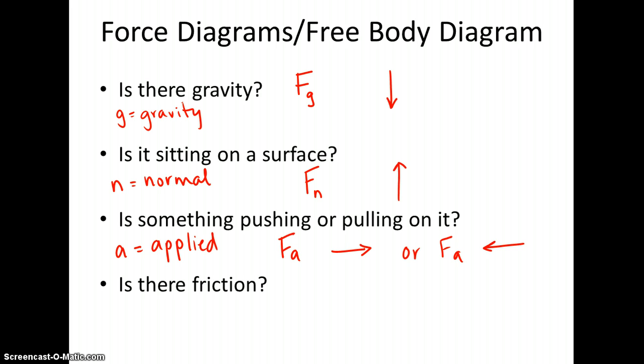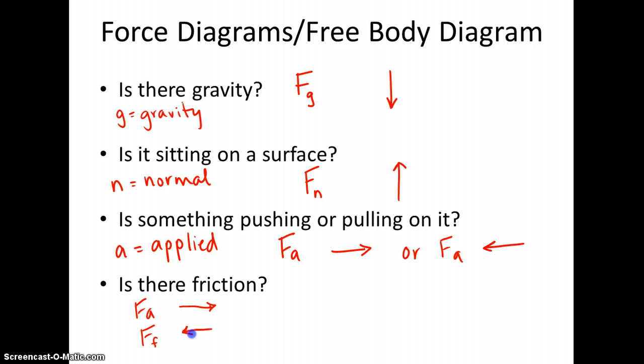The last question I want you to ask is there friction? And friction essentially is a force that goes against the applied force to either slow things down or speed things up. So, if you have an applied force with an arrow moving this direction, and there is friction, then you would have to have a force going opposite that.